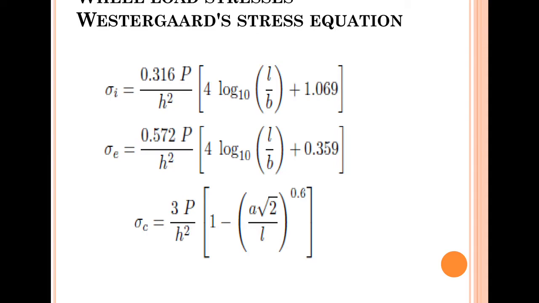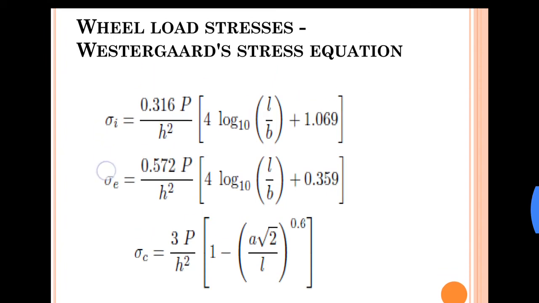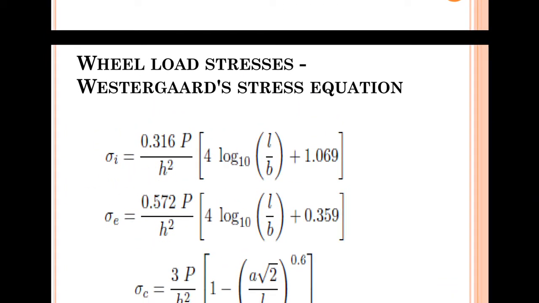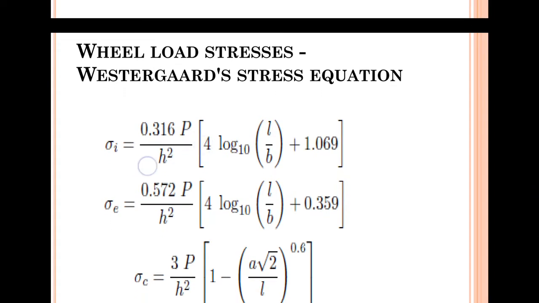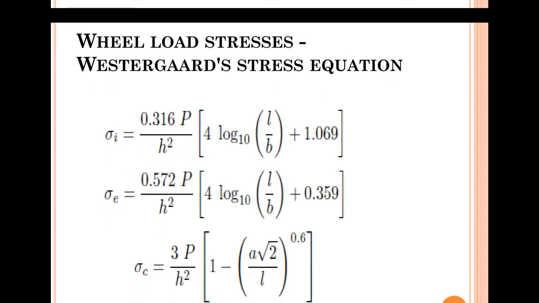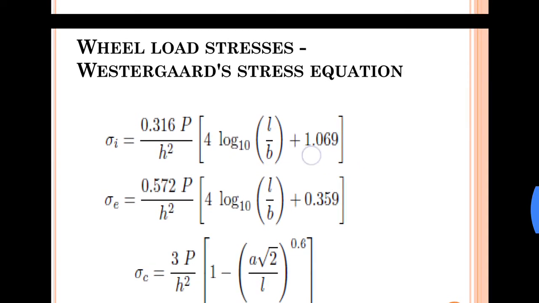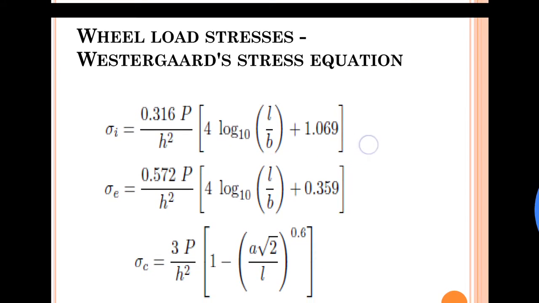So sigma I is the stress at the interior section. It is given by 0.316 P divided by h square into 4 log 10 L by b plus 1.069.